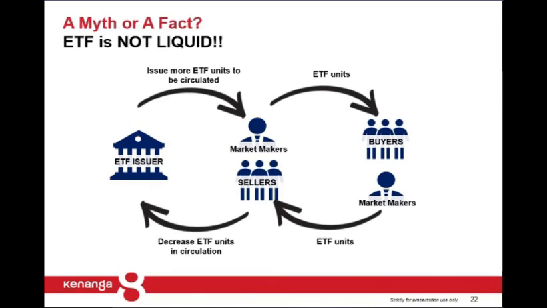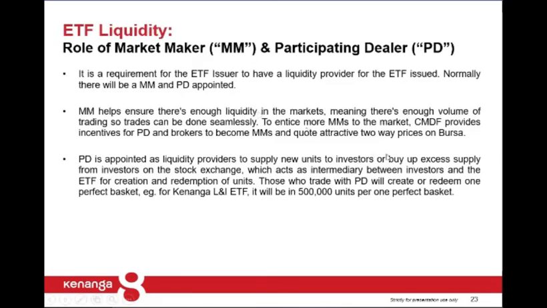So in the regulations, it is prescribed that an ETF issuer needs to have a liquidity provider. And a liquidity provider is a bit of a catch-all term for two major parties here. One is called the market maker and one is called the participating dealer. Now, if we look at the participating dealer first, they are largely responsible for the primary issuances of ETFs.